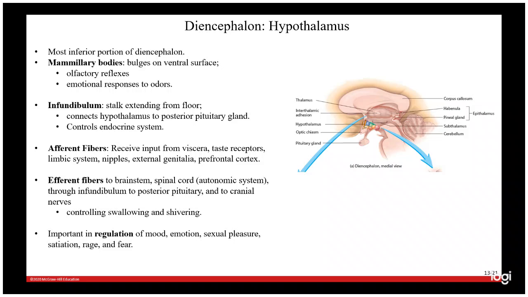It does not in itself have a whole lot of higher order function. It is very much like that automatic response region, and it's more of a way to procreate and protect yourself. That is what the limbic system does. That is its role. You could have a whole class on this. I think it's really interesting, and I feel like we're going to come back to that, so I will leave it be for now.